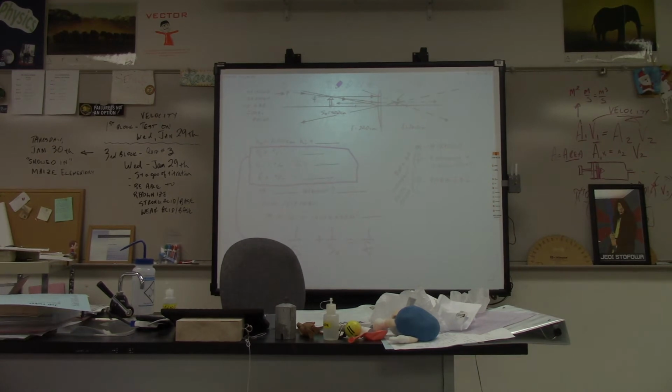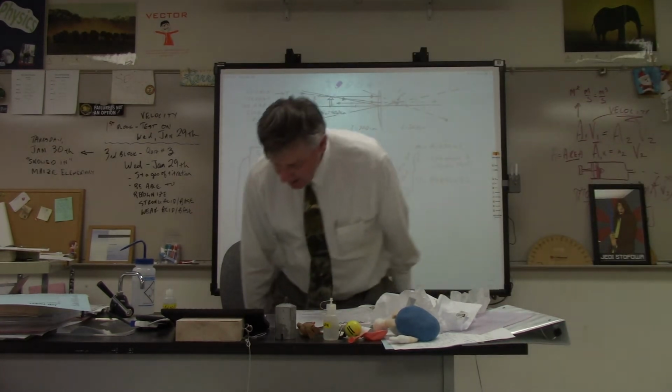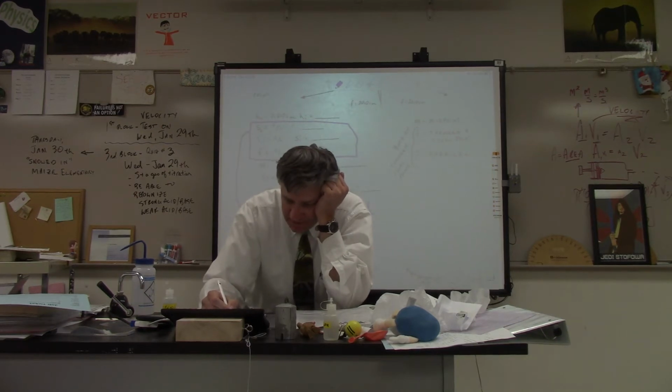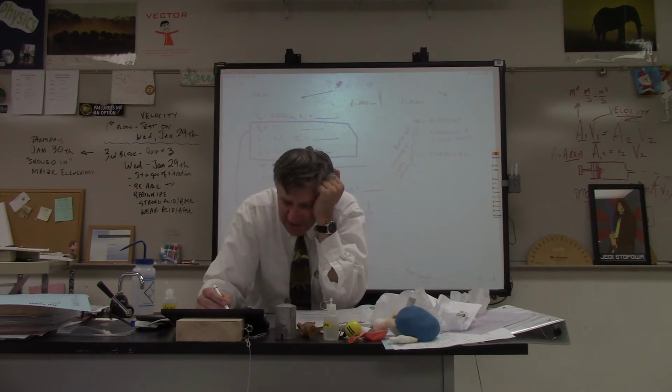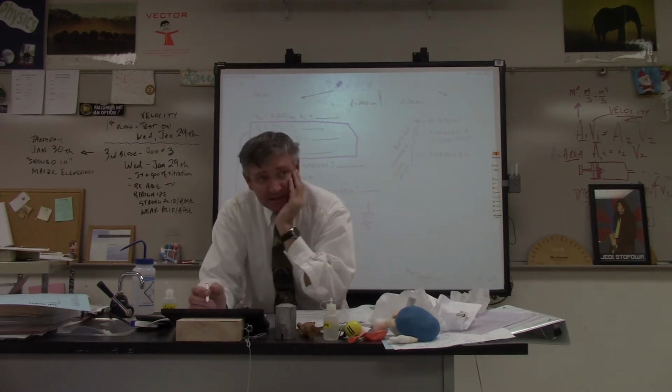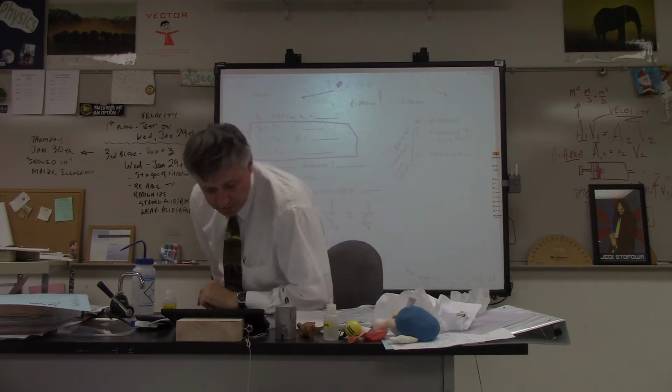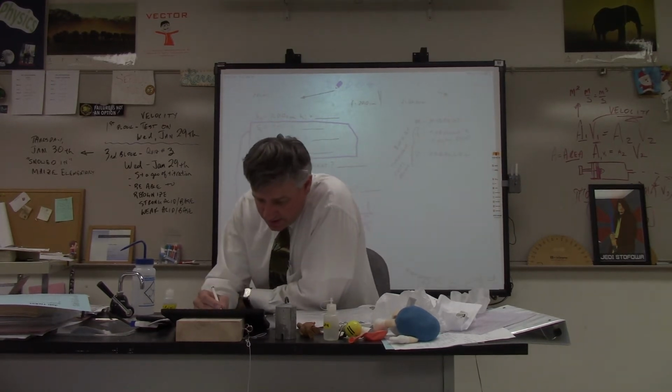So your si is going to be the distance to the image. And usually this is what you're trying to solve for, okay? Usually it's your image distance that you don't know. So so is the distance to the object, and f is the focal length.